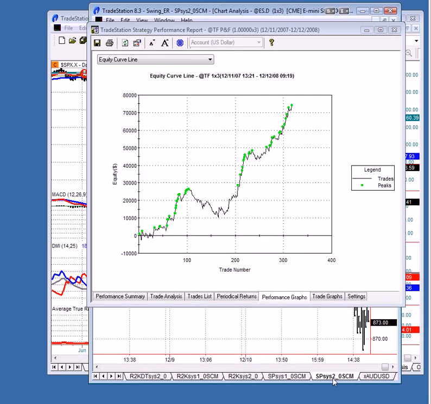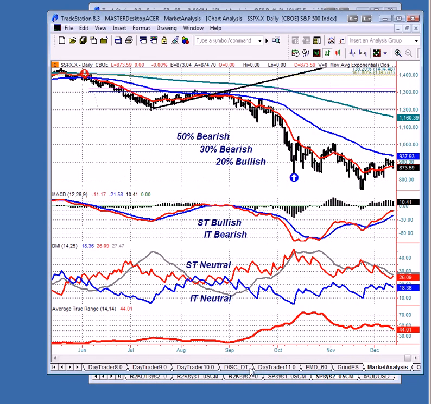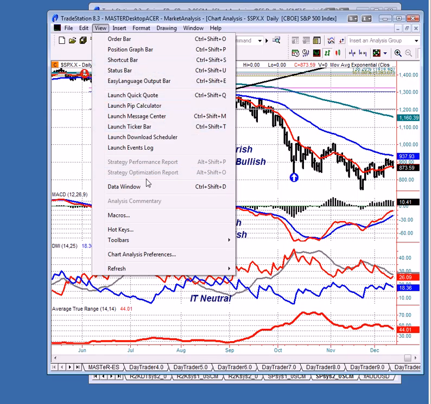Here's the S&P system 2.0. Hope you guys can see that. Just very impressive moves there for the market. Oh, did we look at our day traders? Yeah, we looked at our day traders, and just go ahead and pull some of these up. Yeah, I guess we need a strategy.